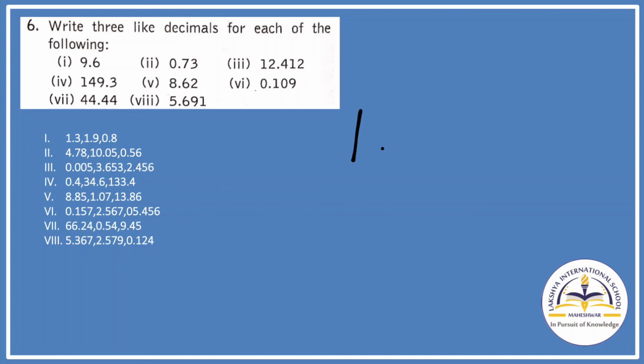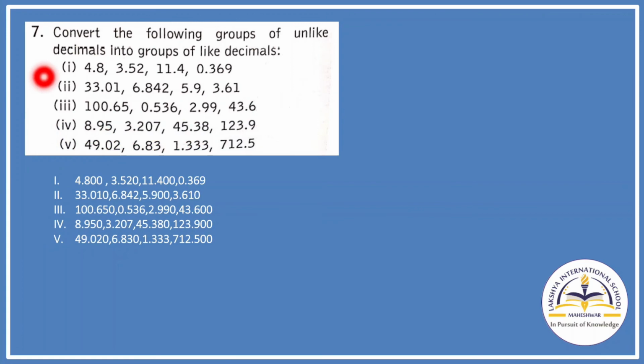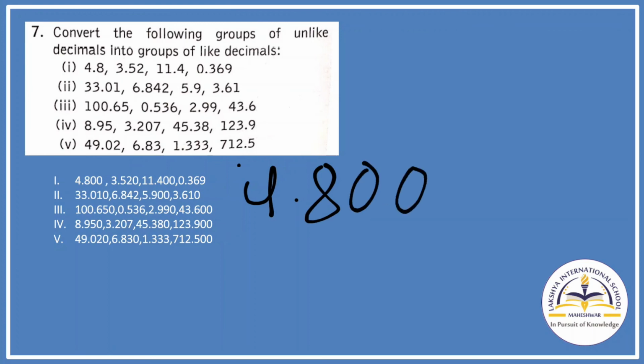In the same manner 1.9 also. So you just have to find out which will be the like decimal for the given decimal number. Now question number 7, convert the following groups of unlike decimals into groups of like decimals. Now for the first, 4.8 we have to write 00 after 8, because you can see after the decimal there are 3 digits.